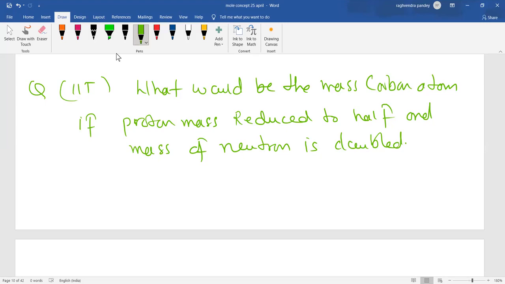You have to find the mass of one carbon atom. One carbon atom, only one.